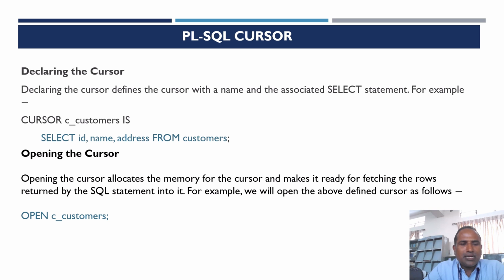The first step is declaring the cursor: select ID, name, address from customers. This is the declaration part. For example, CURSOR c_customers IS, where c_customers is your cursor name, followed by select ID, name, address from customers. Then we have to open the cursor using the open command: OPEN c_customers.